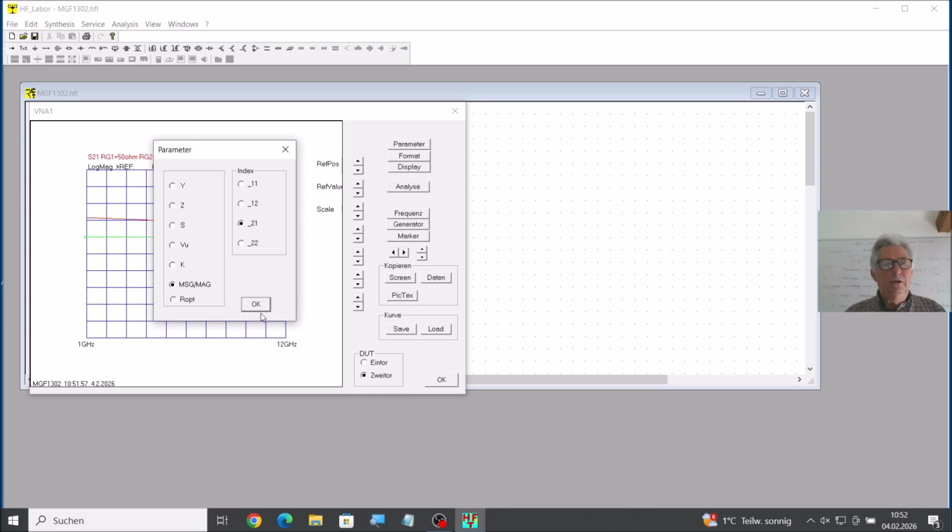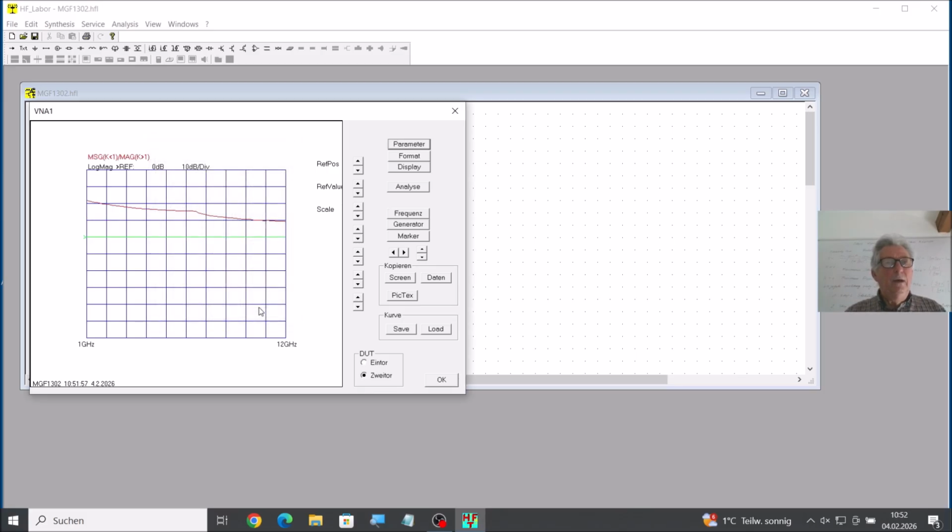You have to tick this point, and then you see here the curve of the maximum stable gain and the maximum available gain. For K smaller than 1, the maximum stable gain is calculated, and for K greater than 1, the maximum available gain is calculated.